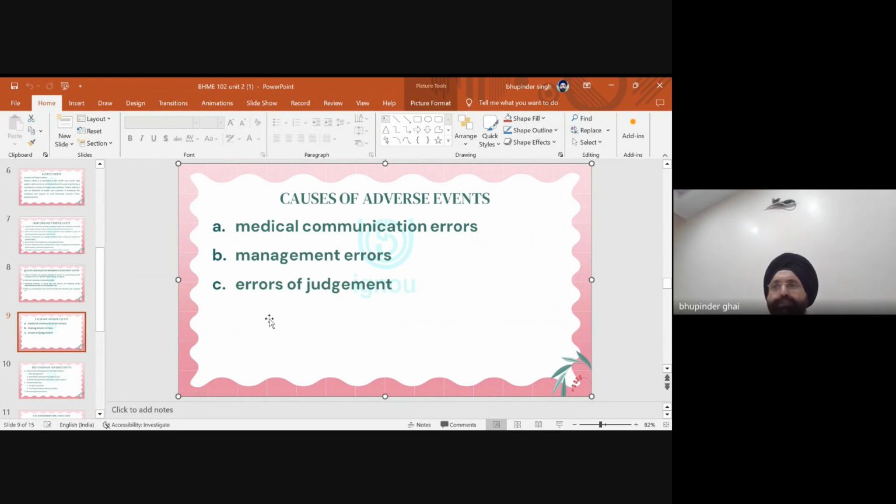Suppose a patient comes to me and seeing the symptoms, I say it's a simple viral infection. But I may be missing a few of the symptoms of the patient, and the patient does not recover. So this is an error of judgment on my part.